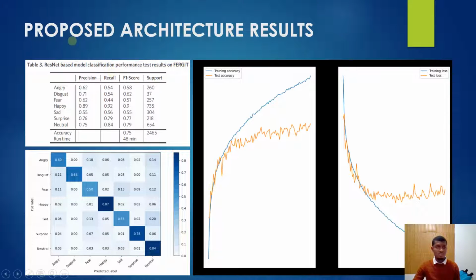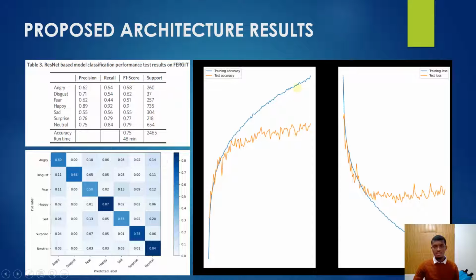The next result was the result of the proposed architecture. As you can see here, after 100 epochs, the training accuracy was quite high, over 90%, and the loss was also dropping very fast. This was due to the use of the cross entropy loss, but a weighted one, because our dataset was suffering from imbalanced data, so we used the weighted cross entropy to weight those classes that have few samples with high values.